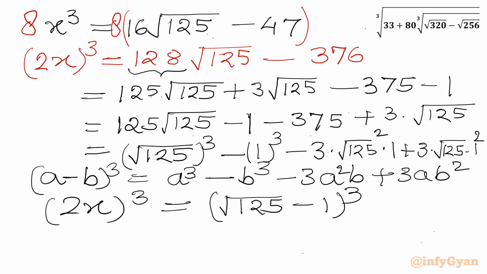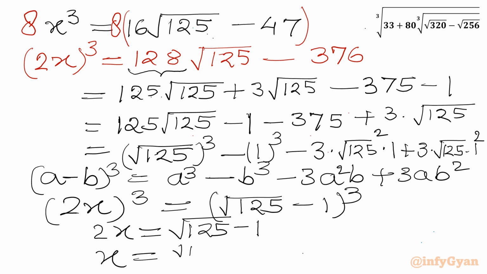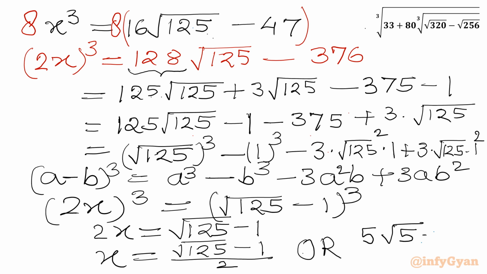Now I will take cube root both sides. For real x, 2x will become square root 125 minus 1. And once I divide both sides by 2, we will get our answer square root 125 minus 1 over 2. Or we can write 5 root 5 minus 1 over 2.